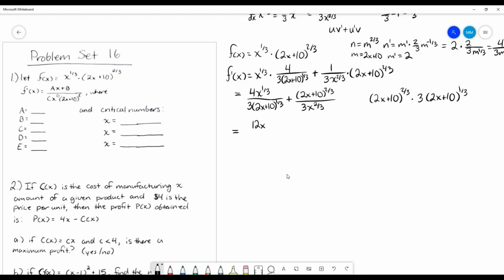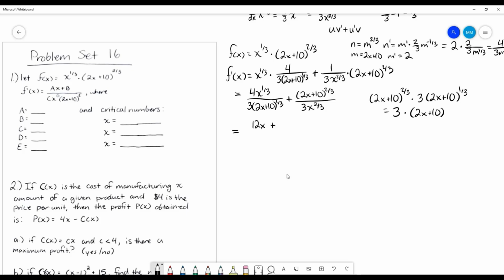So this is a coefficient. These are our bases. So again, coefficients multiply together. So that just turns into a 3 times our base to the power of these added together. Again, 2/3 plus 1/3 is 3/3, or just 1. So I can just leave it like this.